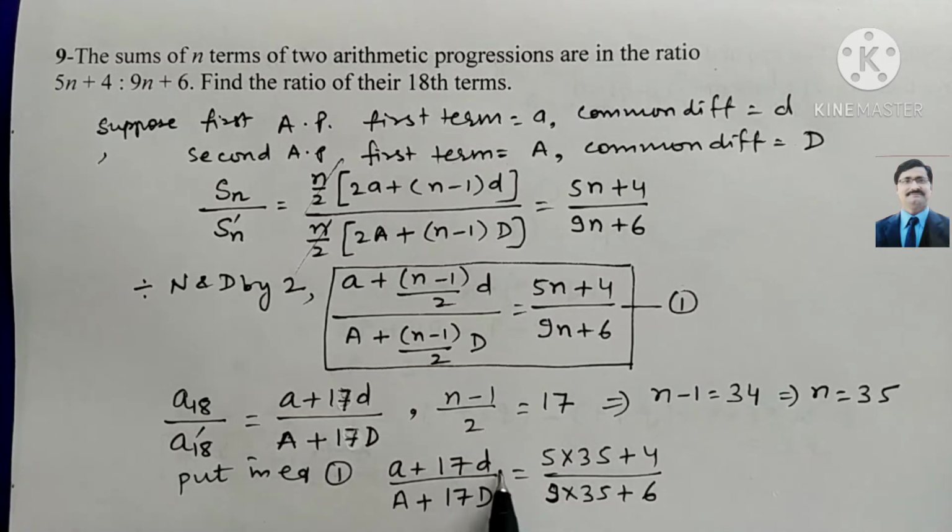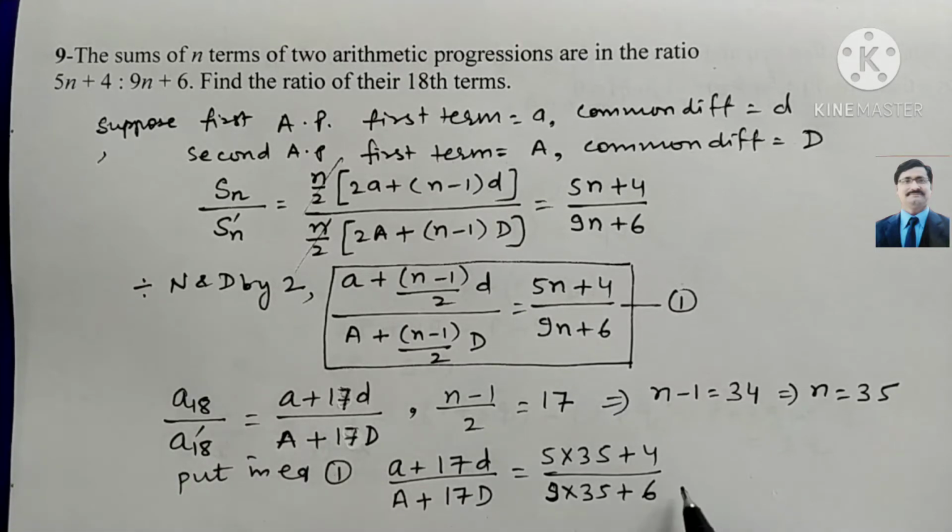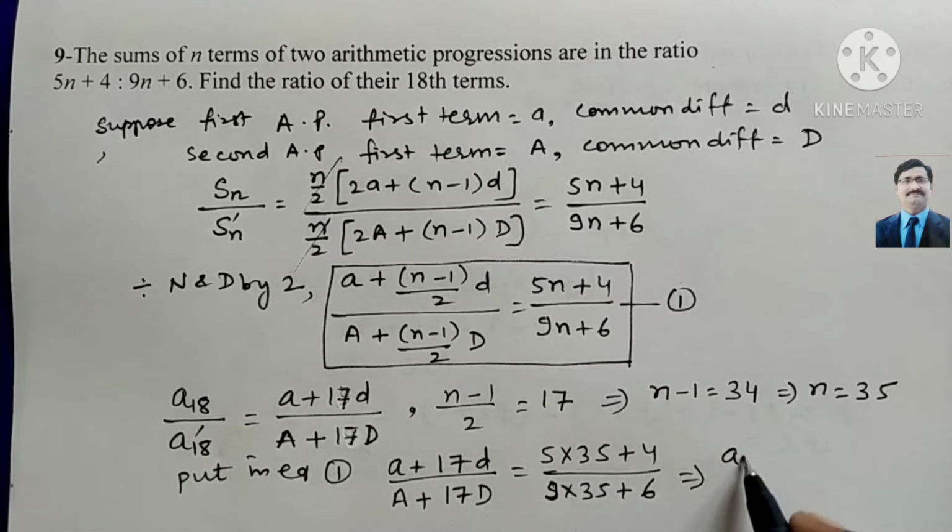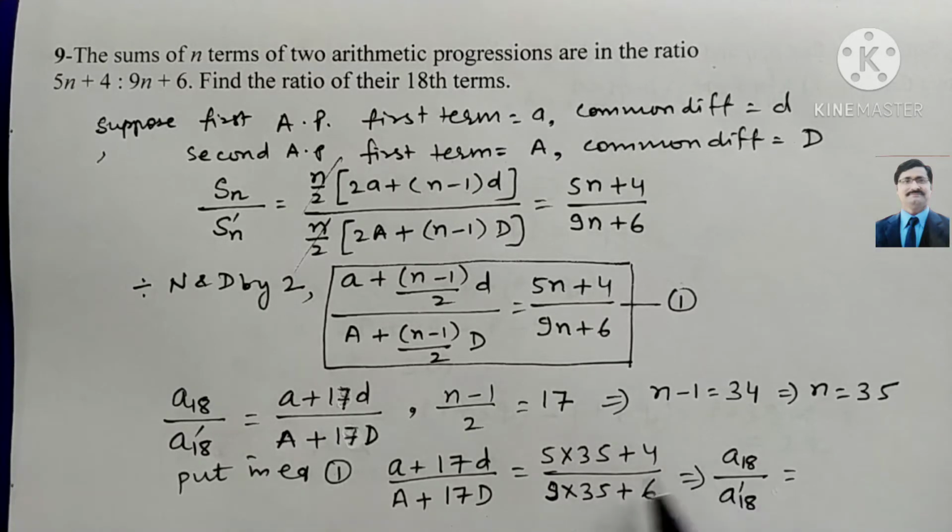Look, a plus 17d and capital A plus 17d are the terms a18 upon a18 dash. We solve these and we will get 179 upon 321. All understand this? This is our answer.